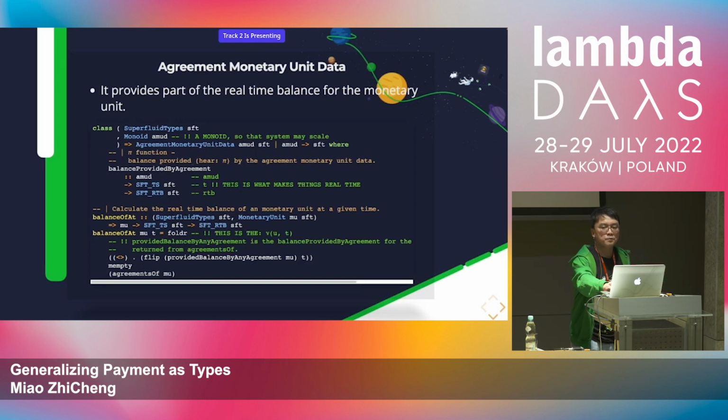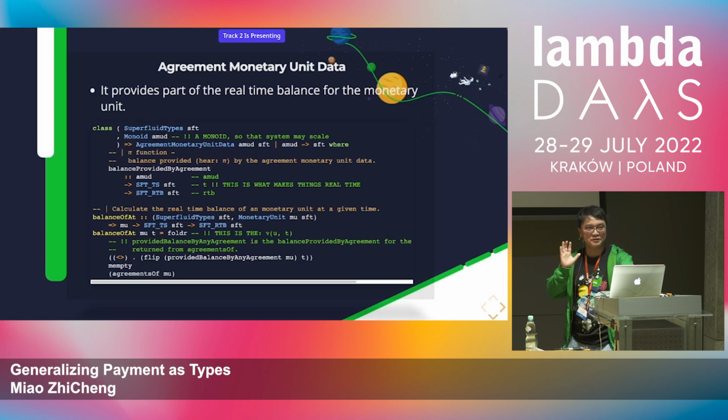All it does is give back a number called a real-time balance, and when you want to know your balance of this account, you simply sum it up, right? So you fold all the little values from all the agreements, starting with empty value, and that's it. Basically, you enumerate what agreements you have in your system, and sum it up, and that's your balance.